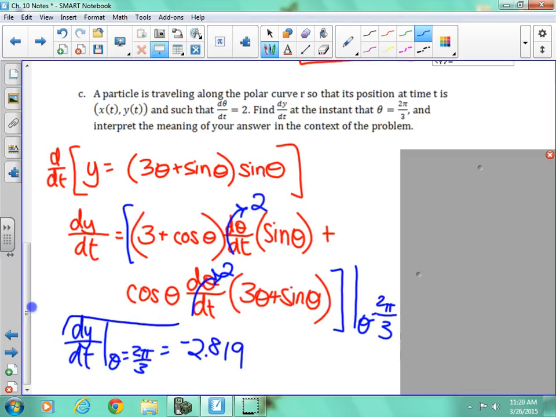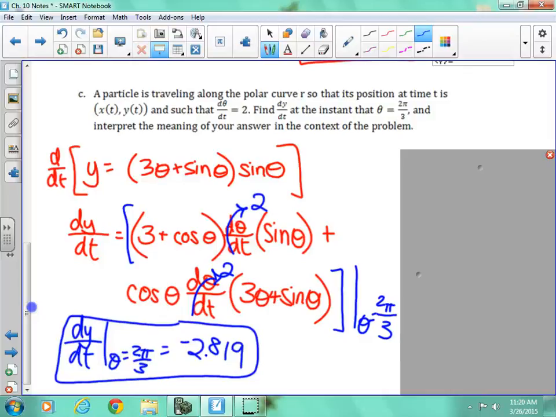Wait, interpret. Think. Interpret the meaning of your answer in the context of the problem. A rate is negative. The rate of y's changing with respect to t is negative.